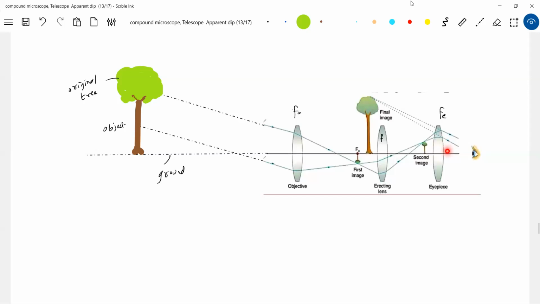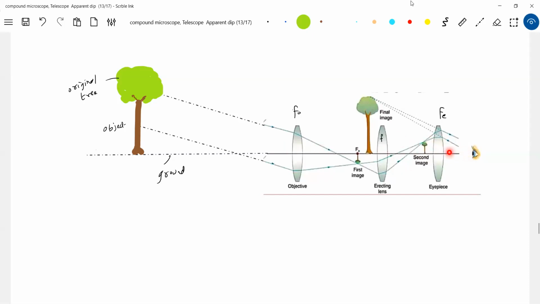You should not leave from here. You should not deviate from this. What this telescope is doing is forming the image near to the eye, which will subtend more angle. More angle means I can see things clearly. Without these lenses, without this telescope, what happened?